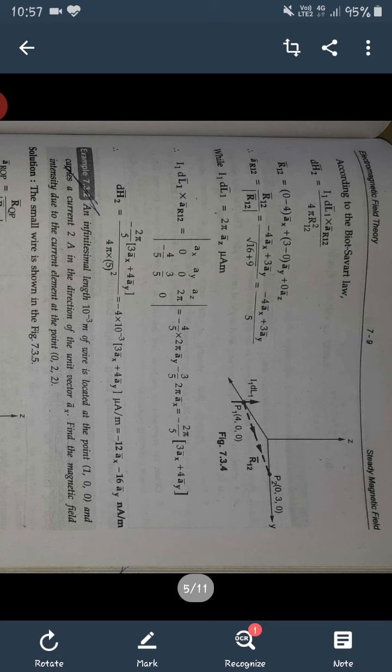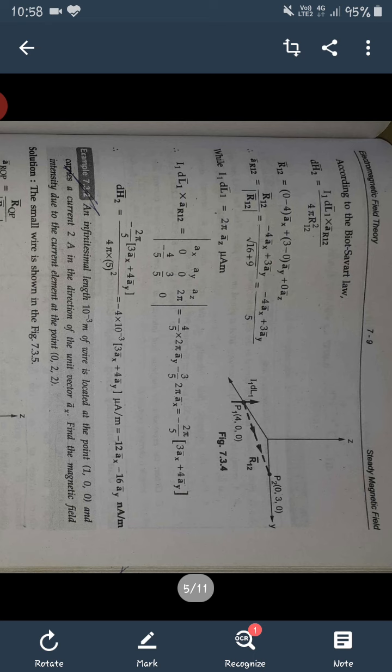Now what is R12? P2 is at (0,3,0), P1 is at (4,0,0). Therefore (0 minus 4) ax plus (3 minus 0) ay plus 0 az.